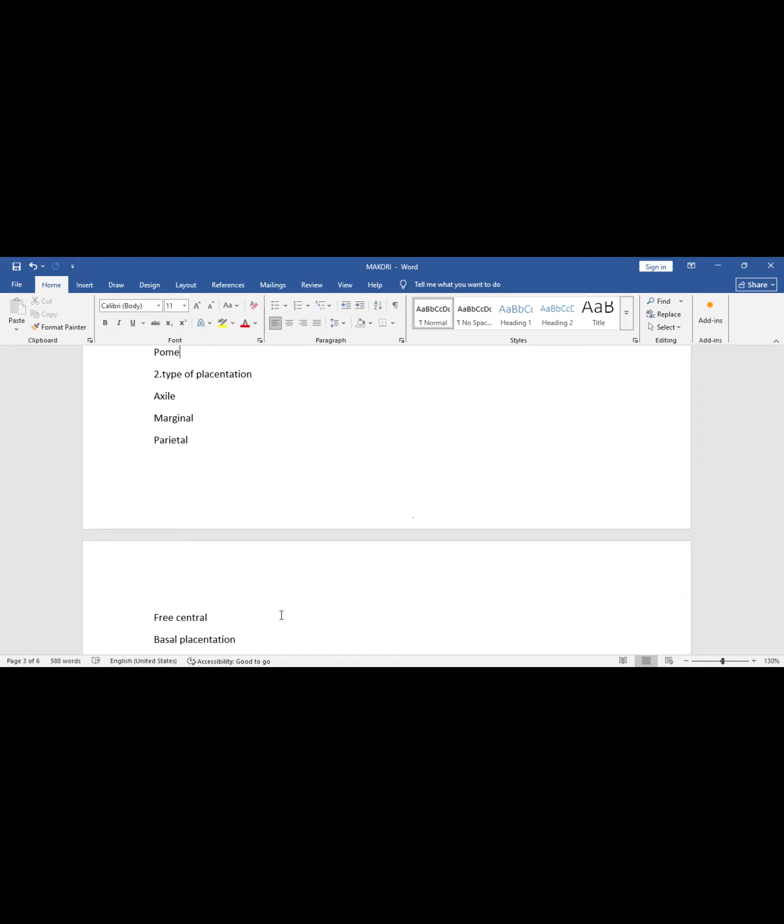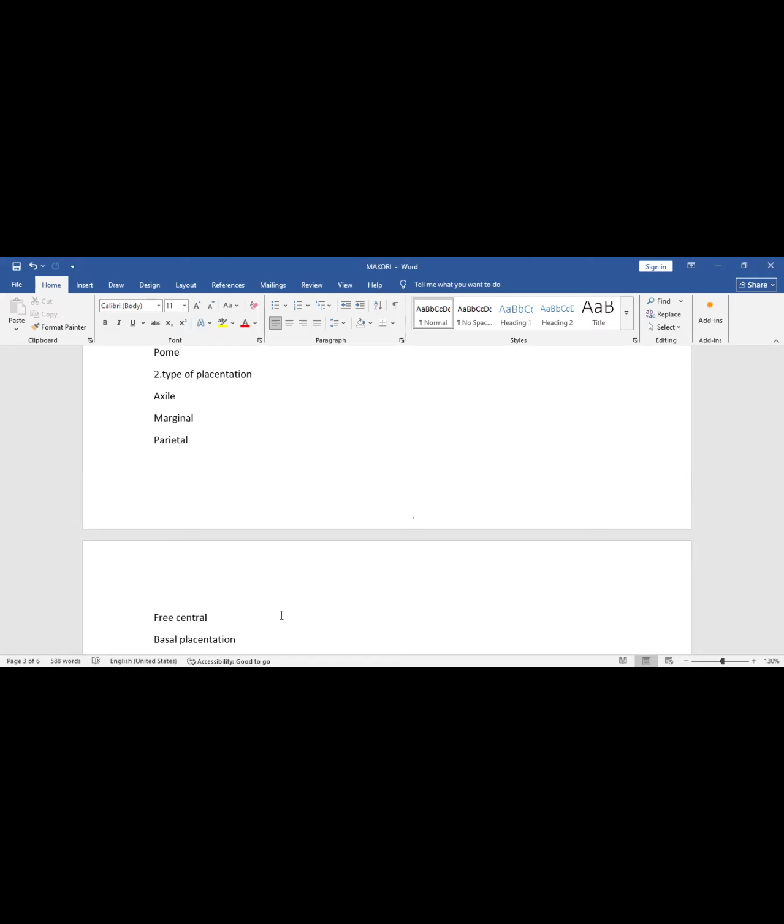The marginal, like that of the peas and the beans, the pods, shows the marginal placentation. The parietal, the placenta is located within the sides, within the walls of the fruits. Like the pumpkin and the passion fruit, they have this parietal placentation.